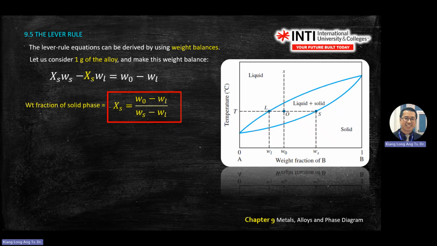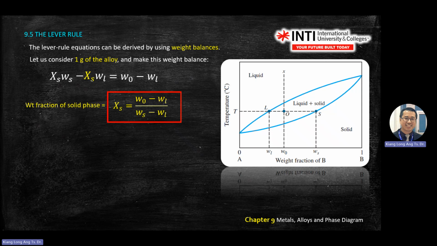So you see the bottom one is WS minus WL. Why do you take S minus L? Because we don't want to get a negative number. Because S will always be a more positive value than the liquid. But the concept is you get the total length. Then if you want to calculate the solid, right? You flip your thinking. Solid is here, right?